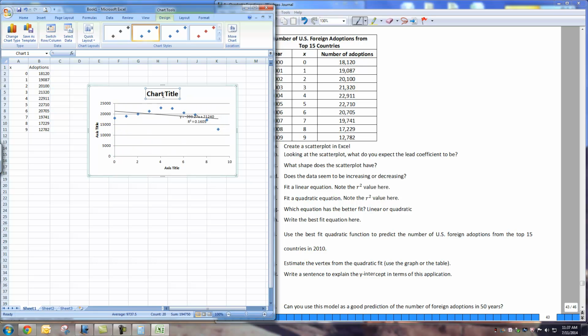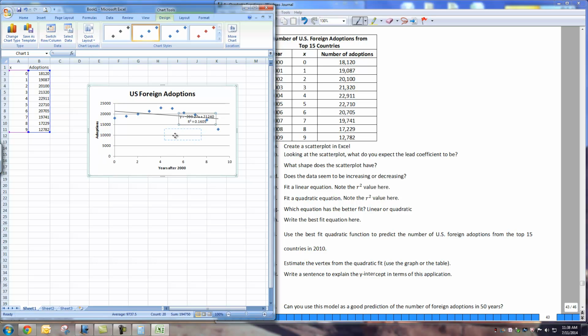I'm going to title my chart U.S. Foreign adoptions. My title down here is years after 2000. And over here is adoptions. I always want you to label your graphs.